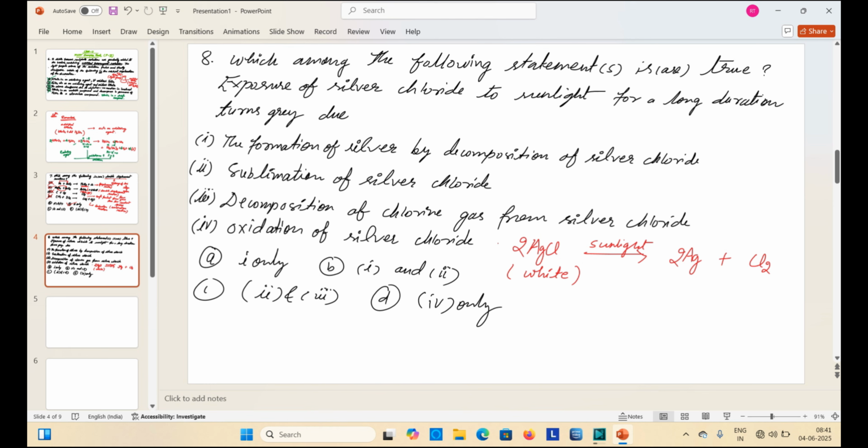So here, in the decomposition, you will find that when you expose this silver chloride to sunlight, it gets decomposed into silver and chlorine, and it is a kind of decomposition reaction. And here you will find this white color AgCl gets turned into grey color due to the formation of this silver.